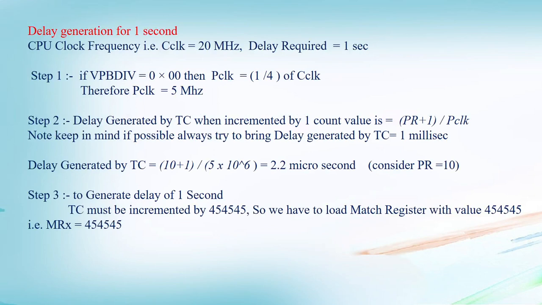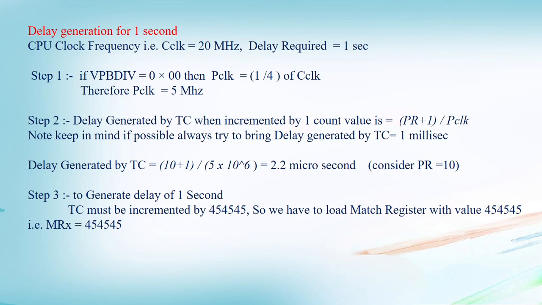Delay generation for 1 second. Let us generate a delay for 1 second. Let us consider a CPU clock frequency of 20 megahertz and the delay required is 1 second. Step 1, if VPBDIV equals 0x00, then PCLK will become 1/4 of the CPU clock.